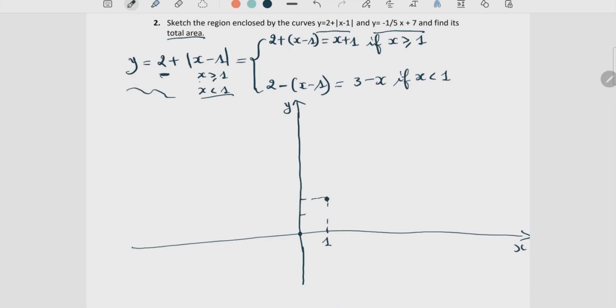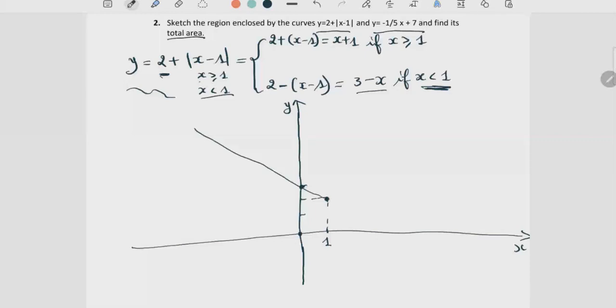Right, so now you can see that on the left side of 1, which is the case where x is less than 1, we have the curve being equal to 3 minus x, right? So if we take a value of x that is less than 1, for example 0, the function is equal to 3, right? So 3 is somewhere here. So our curve would look something like that on the left-hand side.